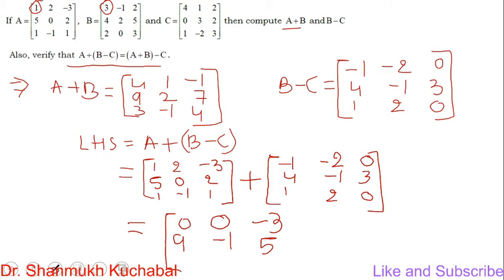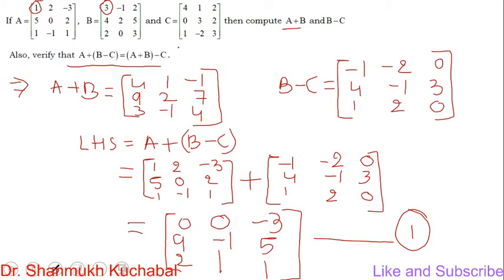Next 1 plus 1 is 2, minus 1 plus 2 is plus 1, 1 plus 0 is 1 we get. So this is the LHS simplification. We call it equation 1.